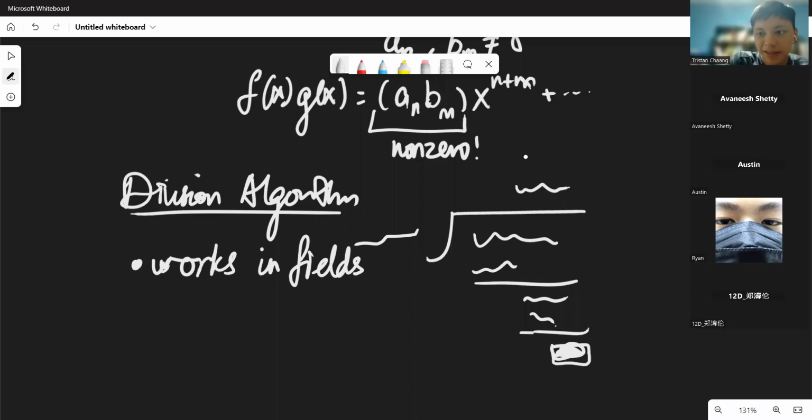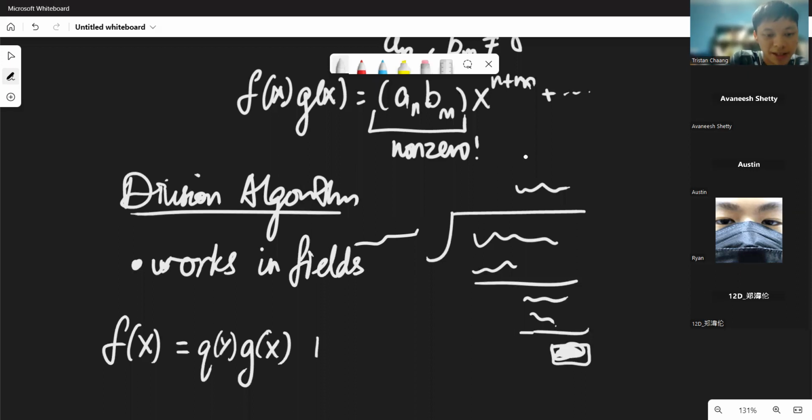And that means given any f(x) and g(x), I can do long division, creating a division with remainder. So f(x) equals g(x) multiplied by q(x) plus r(x), where the degree of r is less than the degree of g. Okay.